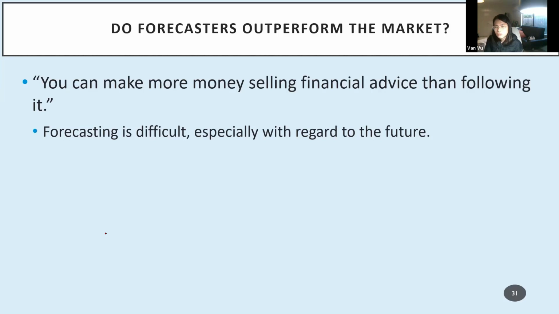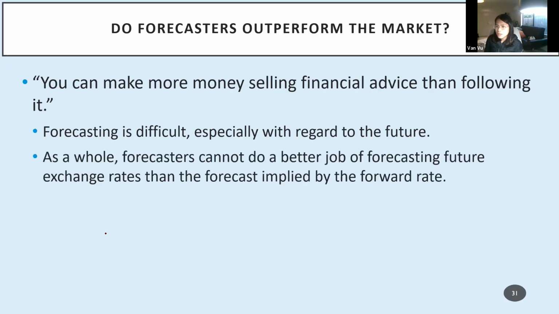This evidence tells us that forecasting is quite difficult, and as a result, most of the time the forward rate is the most efficient forecasting technique, in the sense that it's cheaper to do, and the error from the forward rate forecast is quite low relative to the other forecasting techniques.